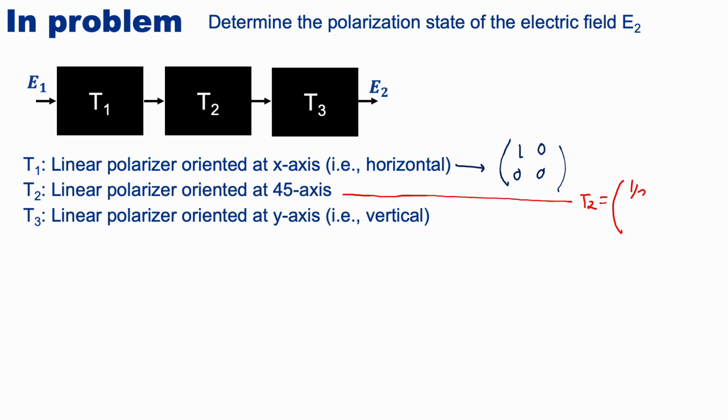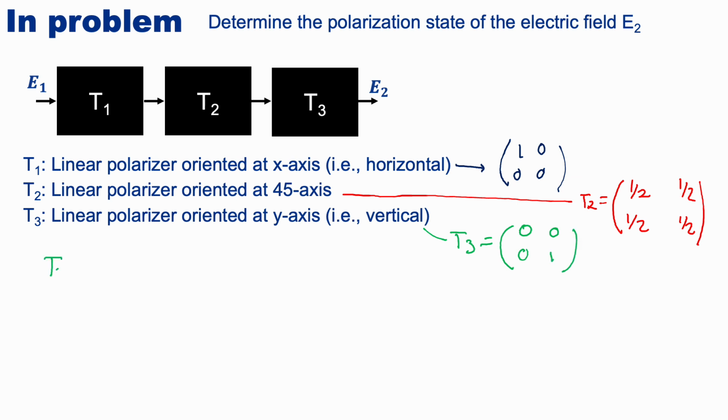We already did that one, it's 1/2, 1/2, 1/2, 1/2. And then the third component is going to be a linear polarizer oriented along the y direction. So that's going to be 0, 0, 0, 1.